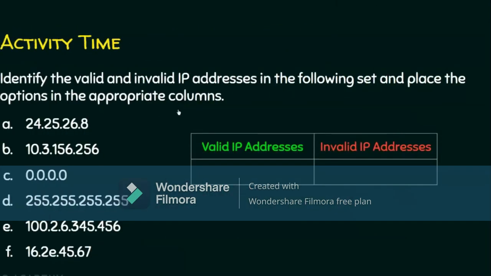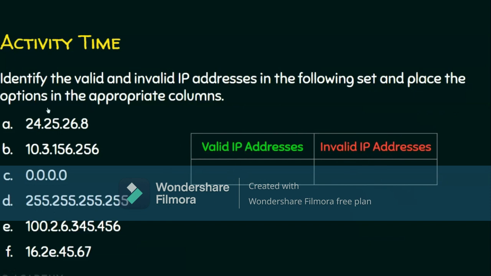There is an interesting activity for you. We are required to identify the valid and invalid IP addresses in the following set. A set of IP addresses is given and we are required to identify valid and invalid IP addresses and place the options in the appropriate columns. There are 2 columns given, one for valid IP addresses and another for invalid IP addresses.